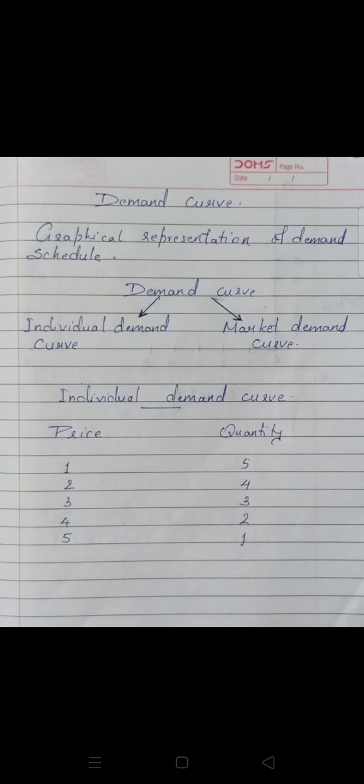It is a graphical representation of demand schedule, that is whatever demand schedule हमने जो tabular form में बनाया है, that we have to express in a demand curve. That is, when price and quantity information of a demand schedule is plotted on the graph, then a demand curve is drawn. That is, the demand curve depicts the picture of data contained in the demand schedule.